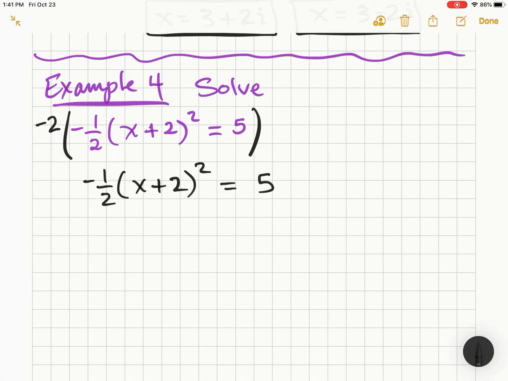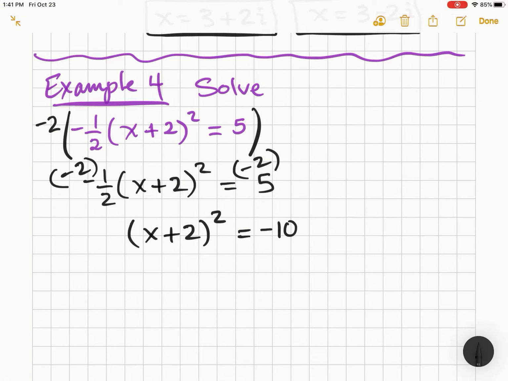I'm going to multiply by negative 2 over here and negative 2 over here. I want to make sure you realize I can just do what's in front of the parenthesis. I don't have to go inside. So the negatives cancel, the 2's cancel, and I just get x plus 2 over here, squared. And over here I get negative 10.